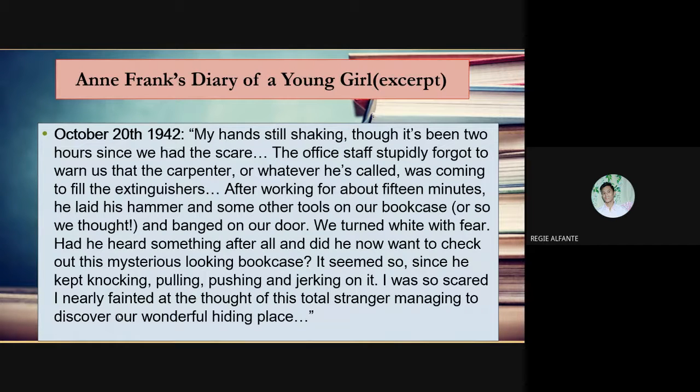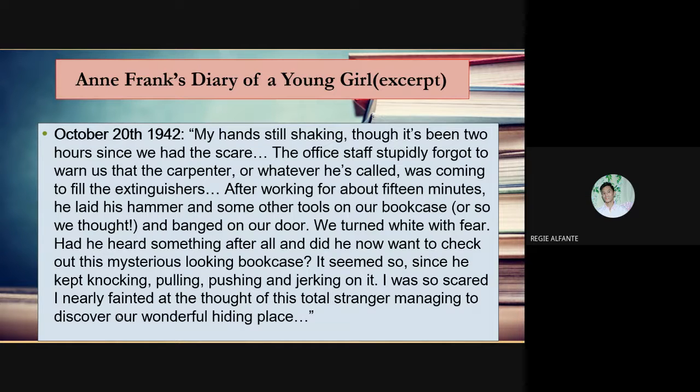October 20th, 1942. My hand's still shaking, though it's been 2 hours since we had the scare. The office staff stupidly forgot to warn us that the carpenter, or whatever he's called, was coming to fill the extinguishers. After working for about 15 minutes, he laid his hammer and some other tools in our bookcase, or so we thought, and banged on our door.